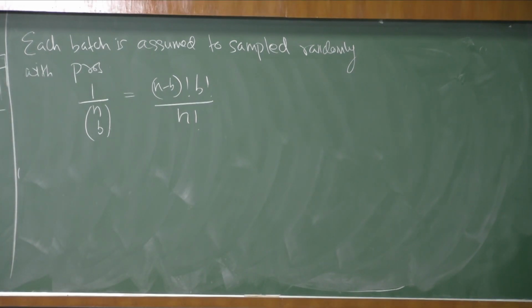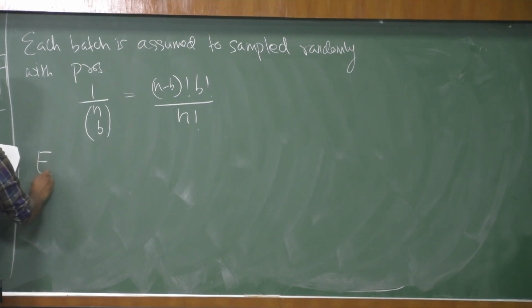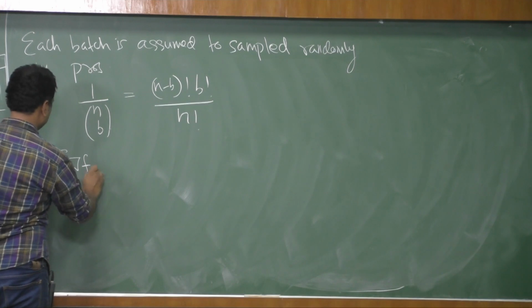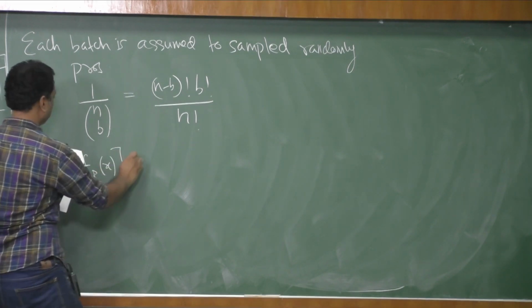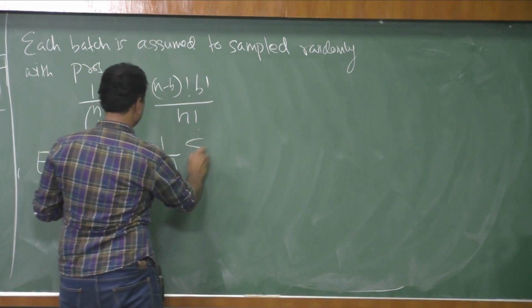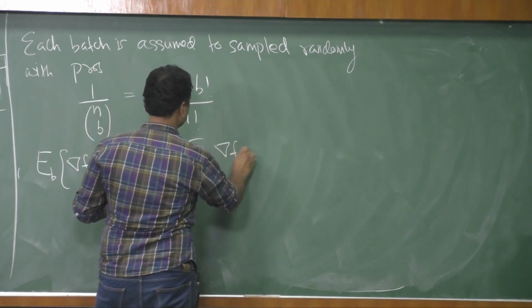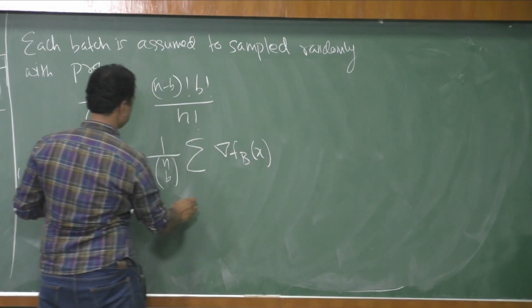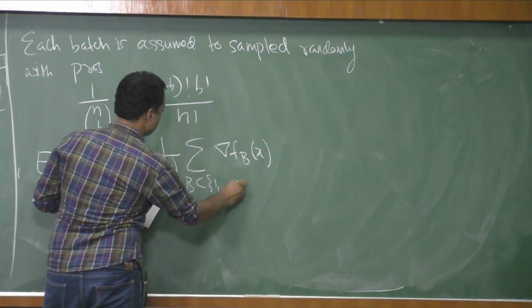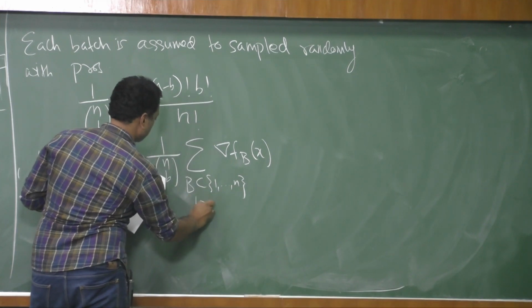So in that case, the expectation of the mini batch gradient will be grad f_B(x), which is 1 by n choose b, and then the sum of grad f_B(x), over B, with size of B being b.